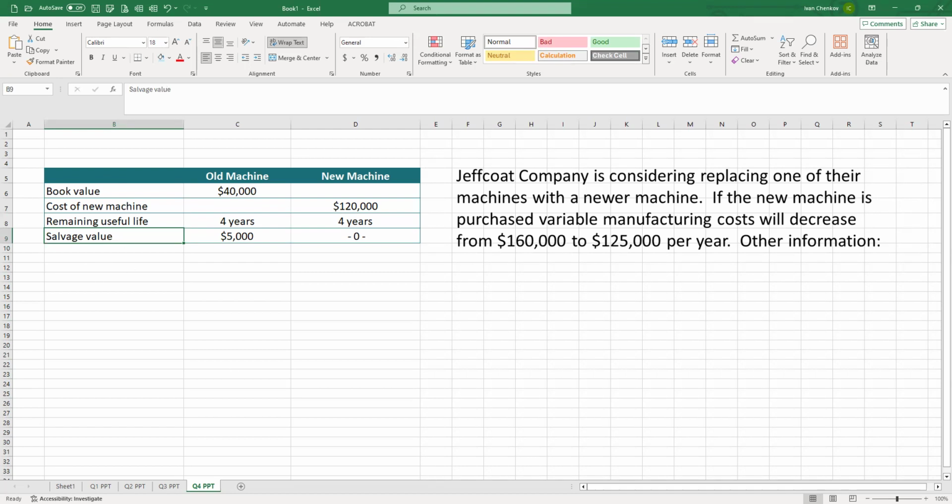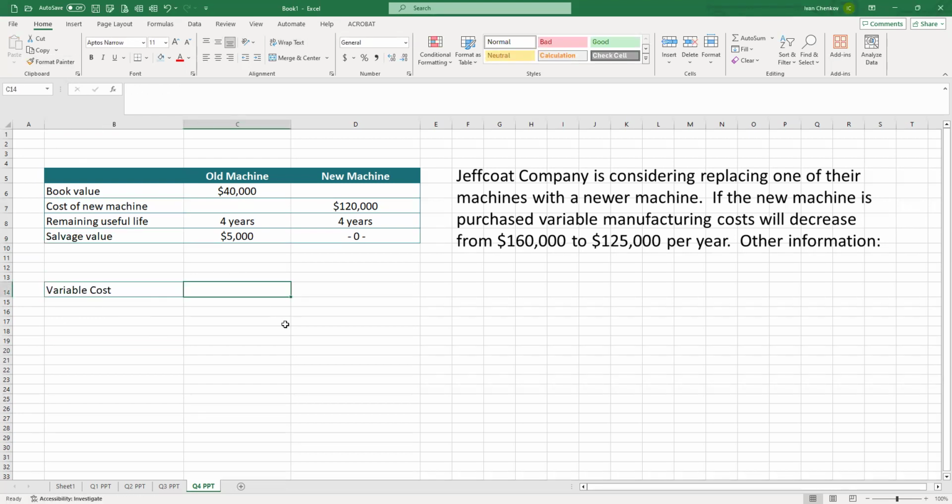Now the question is what we have to consider, what we don't have to consider. So first, we're going to get this variable cost that we currently have, and that variable cost is how much?